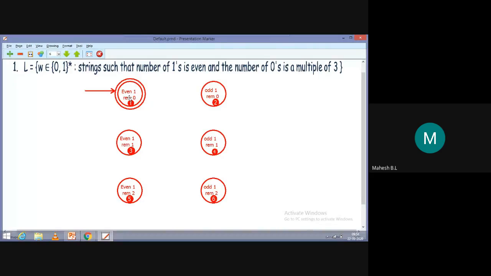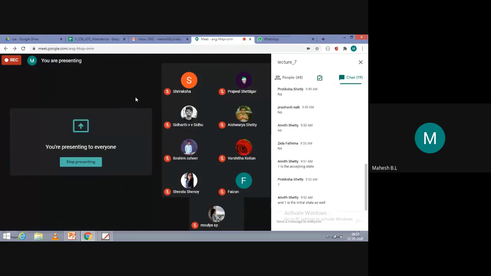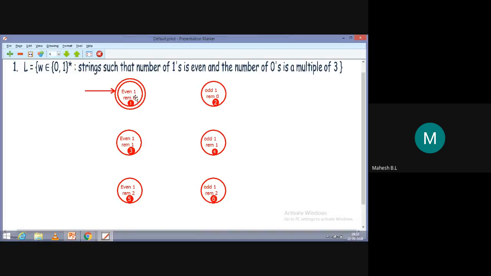To which state are you going to make the transition? Give me the answer quickly.